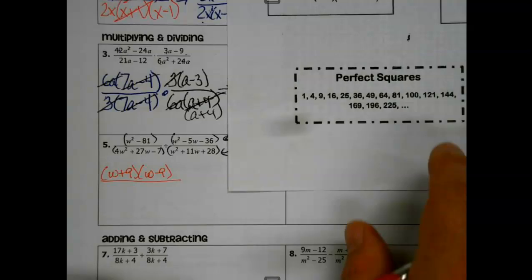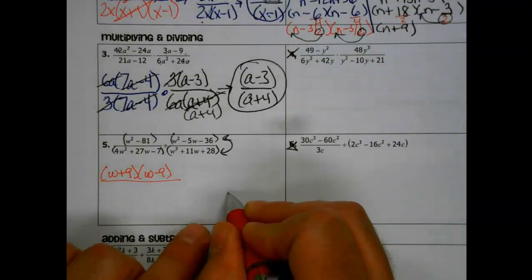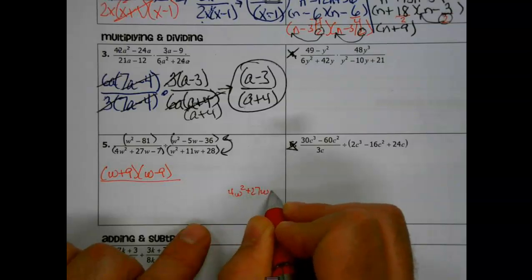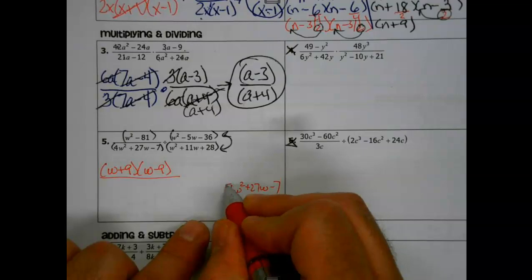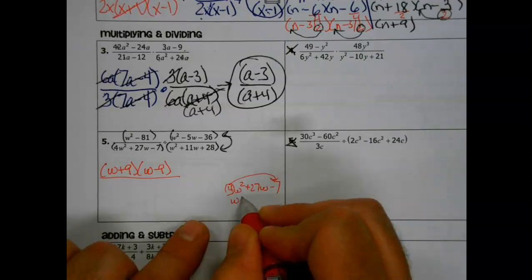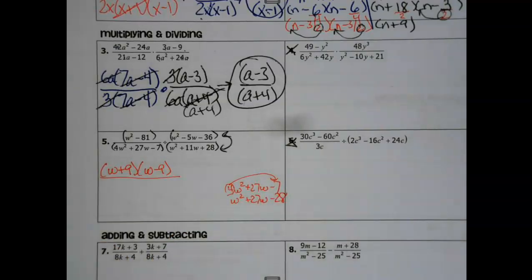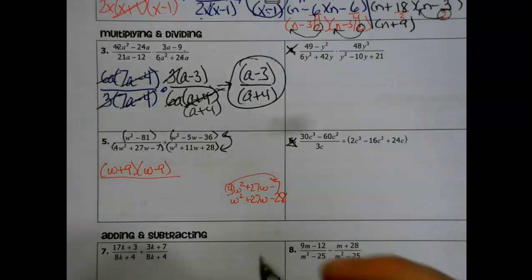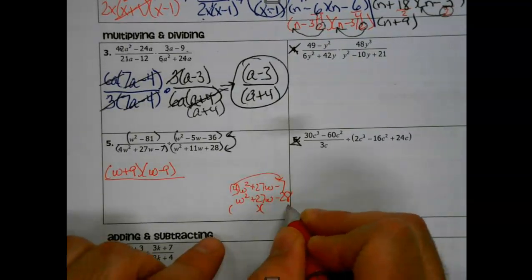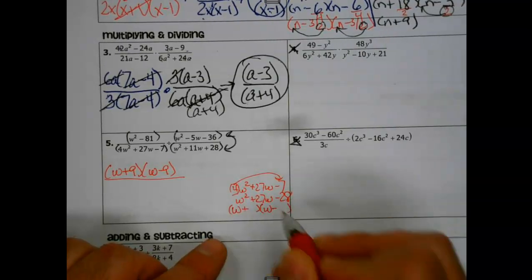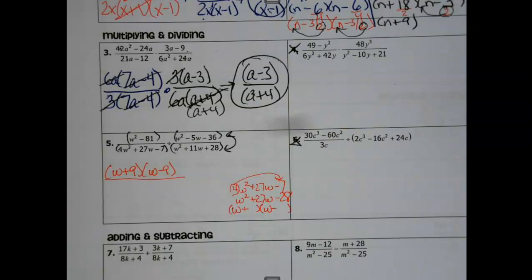Now, let's do a little side work here on the second one. I'm going to purposefully try and write a little smaller than I normally do so we actually can fit this. Okay, so once I slide my 4, I got W squared plus 27W minus 28. So, two numbers that multiply to 28 and add to 27.